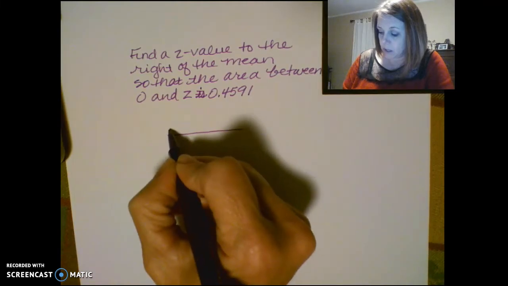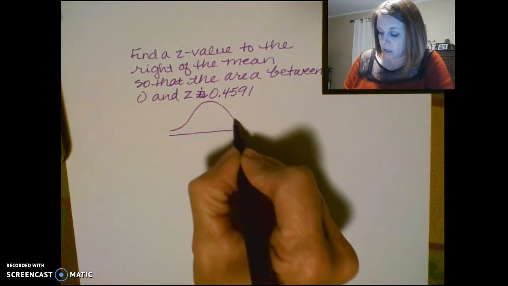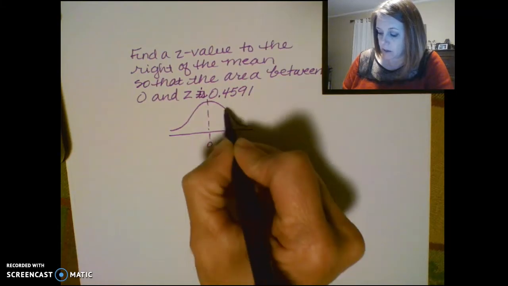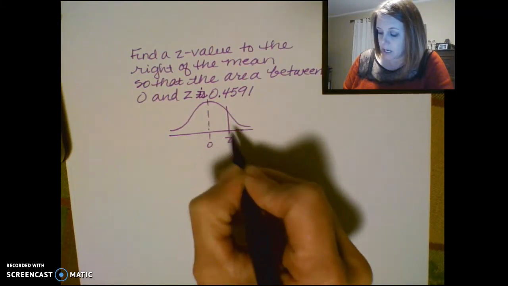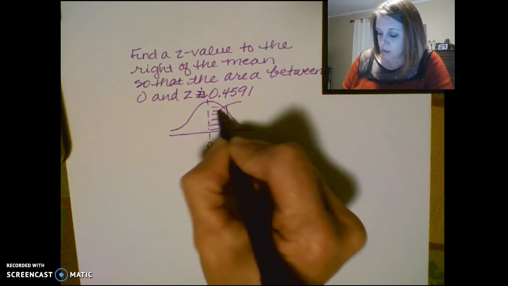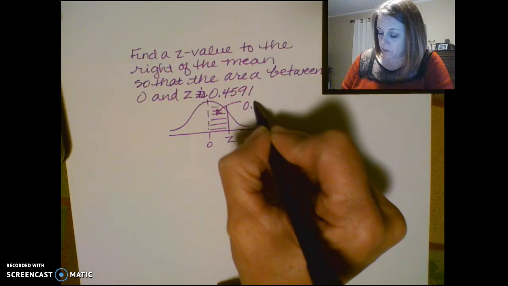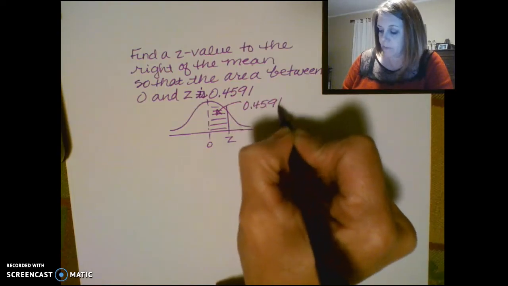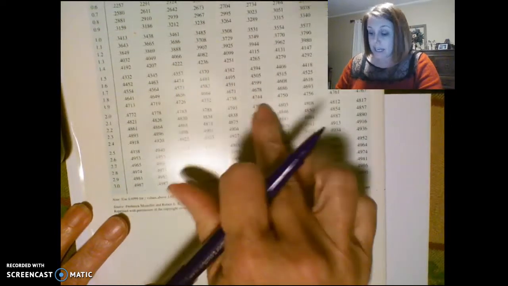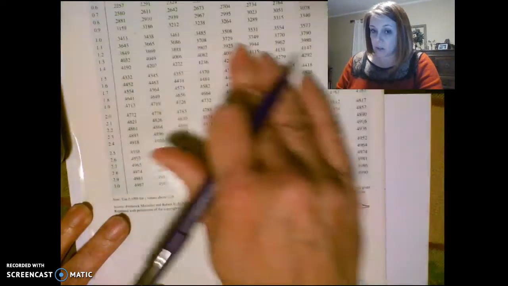So in terms of what that looks like on our sketch, we're going to shade between 0 and z. There's my 0, here's my z, and I want the area between them to be 0.4591. Now, in terms of what that's going to mean on your table, I want to, on the table, find an area, and remember, these are the values that are areas.